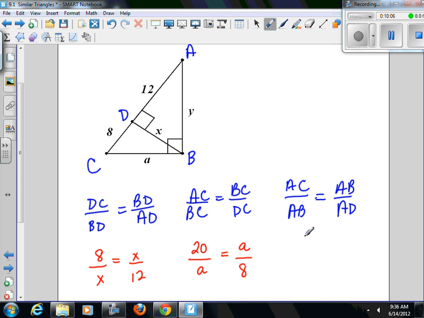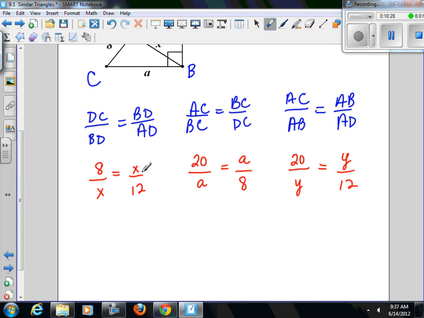And let's fill in our last proportion. AC, we know, is 20 if you add 8 and 12. AB is Y. And then lastly, AD is 12. So look at that. We've got 3 proportions to solve, and we're going to find out what X, A, and Y are.